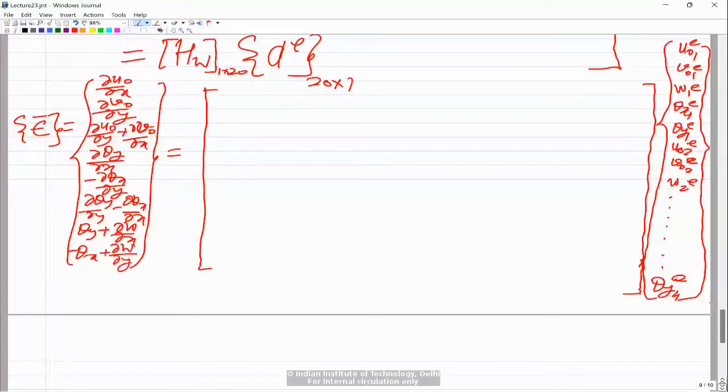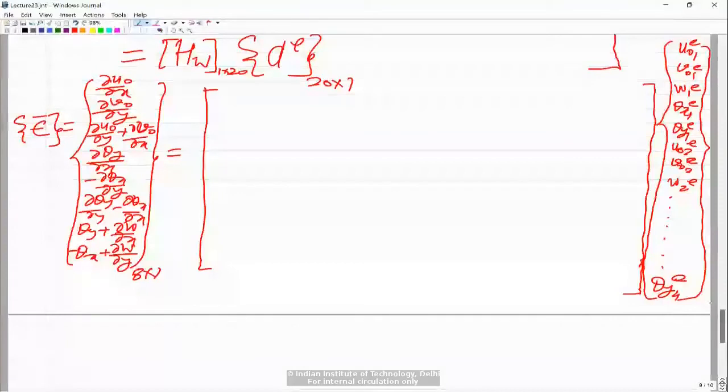Now we want to write del u naught by del x. We know that u naught is n1 u naught 1 plus n2 u naught 2 plus n3 u naught 3 plus n4 u naught 4. So in those locations we have to put its derivative with respect to x, the derivative of the shape functions n1, n2, n3 etc. with respect to x.